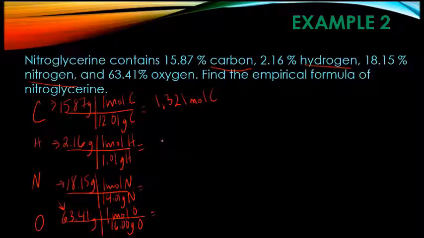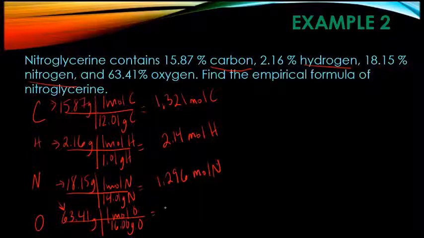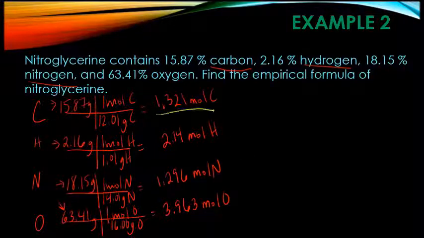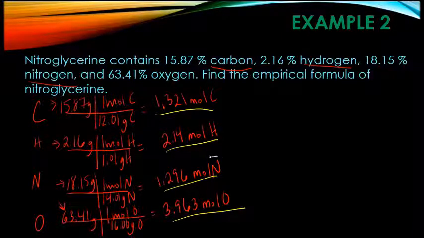The hydrogen is appearing to be 2.14 moles of H. The nitrogen, 1.296 moles of N. And last but not least, oxygen is 3.963 moles of O. Now I need to look for, out of these 4 moles, which one ends up being the smallest. So if I look here, I see the nitrogen is the smallest amount out of all of those.